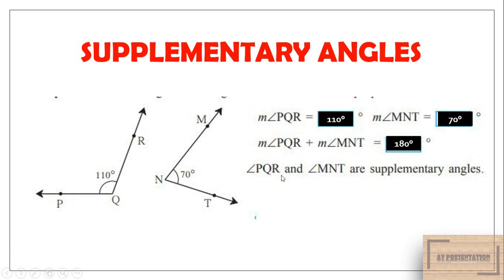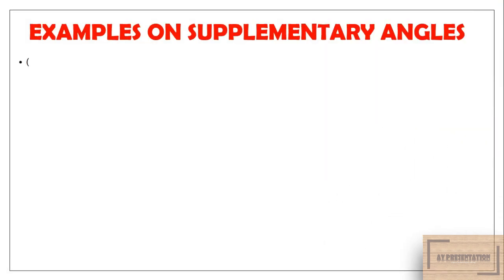So angle PQR and angle MNT are supplementary angles. Now let's check out some examples on supplementary angles.